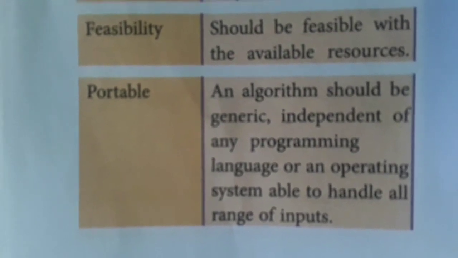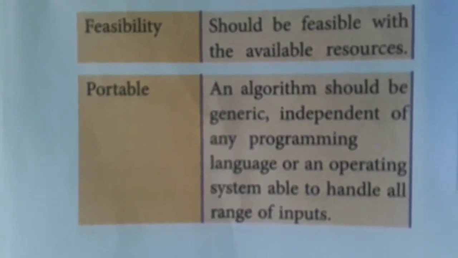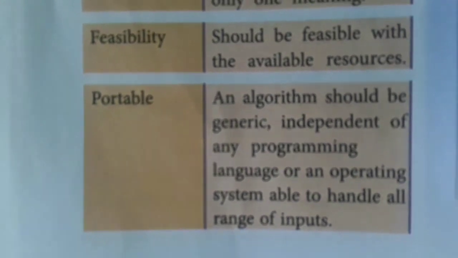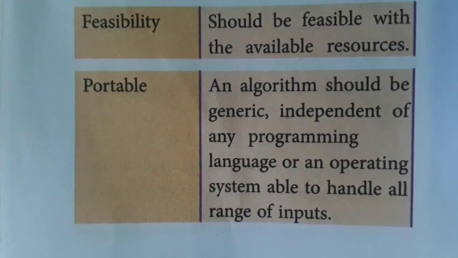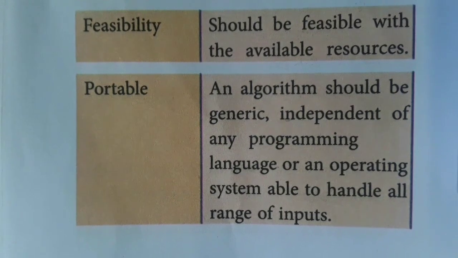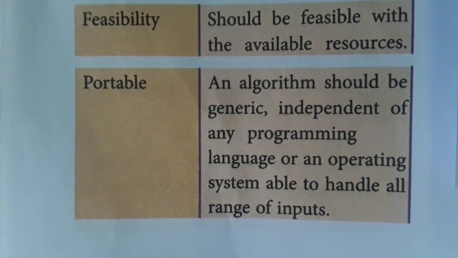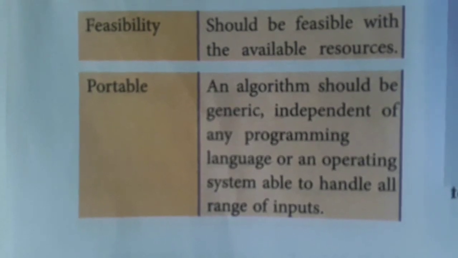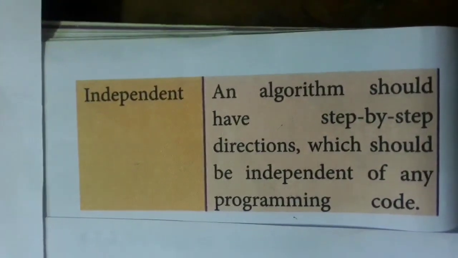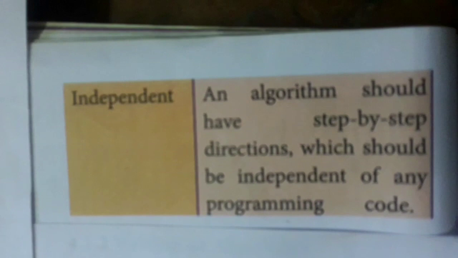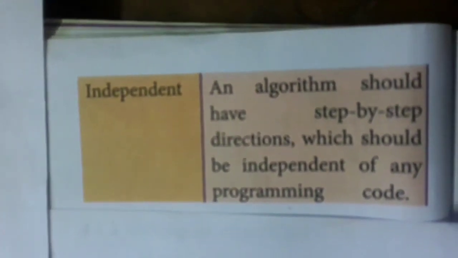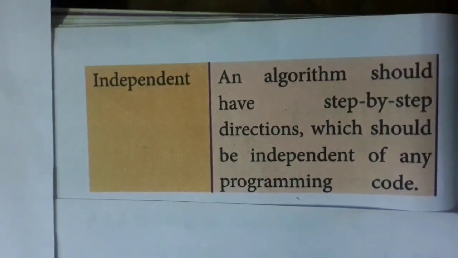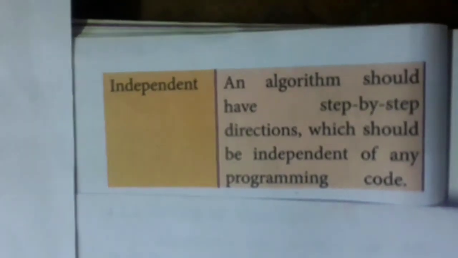Feasibility, should be feasible with available resources. Portable, all algorithms should be generic, independent of any programming language or operating system, able to handle all range of input. Independent, so you all know algorithm is the step-by-step direction given. It should be independent of any programming code.